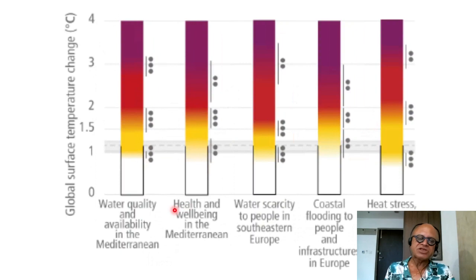What happens in the Mediterranean? Looking at water quality and availability, health and well-being, water scarcity for people in southeastern Europe, coastal flooding to people and infrastructure in Europe, heat stress, mortality and morbidity to people in Europe. As I'm recording this in 2022, the UK and continental Europe have had record-breaking heat waves with large mortalities.